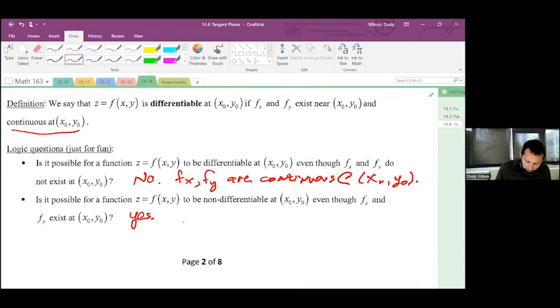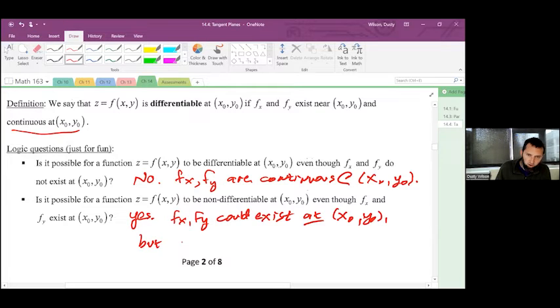So yes, fx, fy could exist at x naught, y naught, but not in the nearby area.